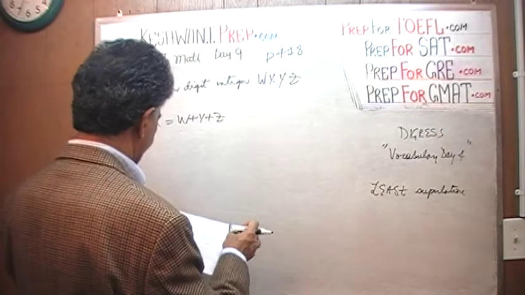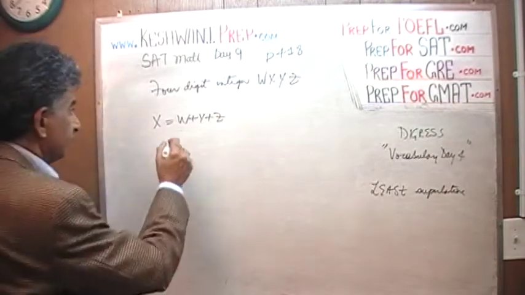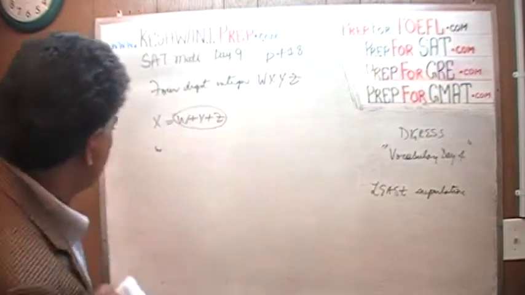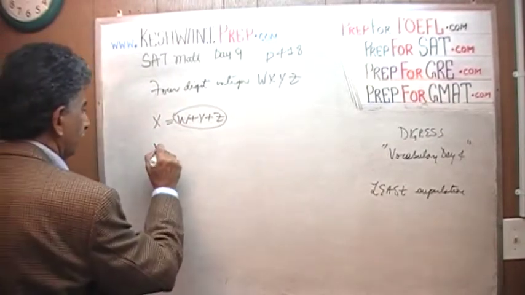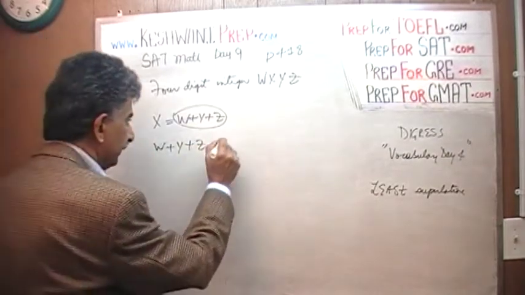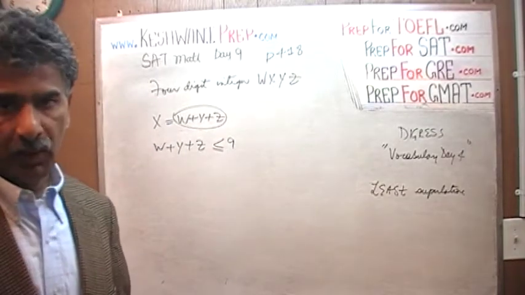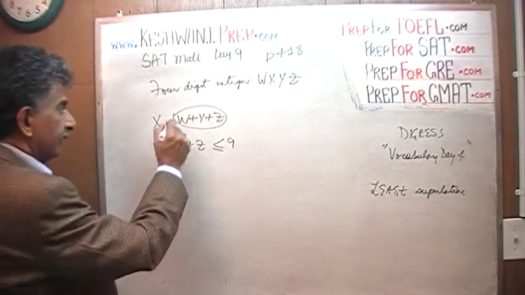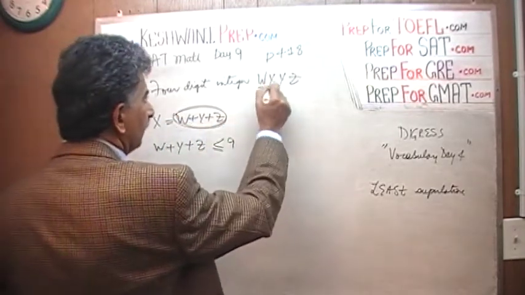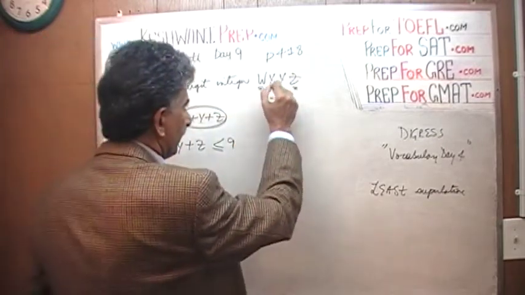X equals W plus Y plus Z. The very first thing we have to realize is that the sum of these 3 digits, W plus Y plus Z, cannot be more than 10. Why? Because the sum of these 3 digits, W, Y, and Z, is simply X, which is another digit in the number.